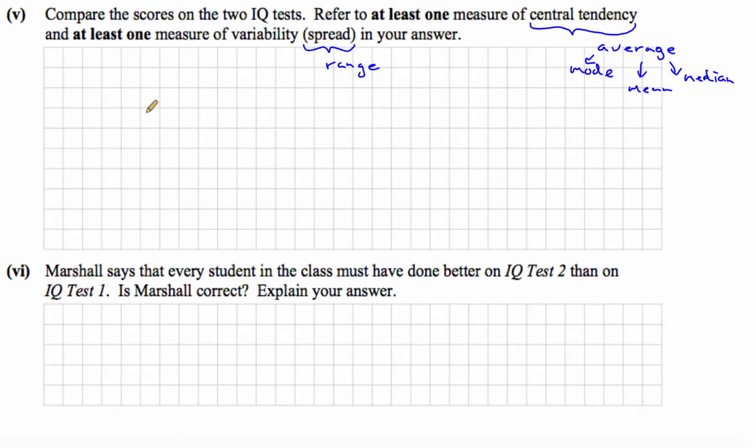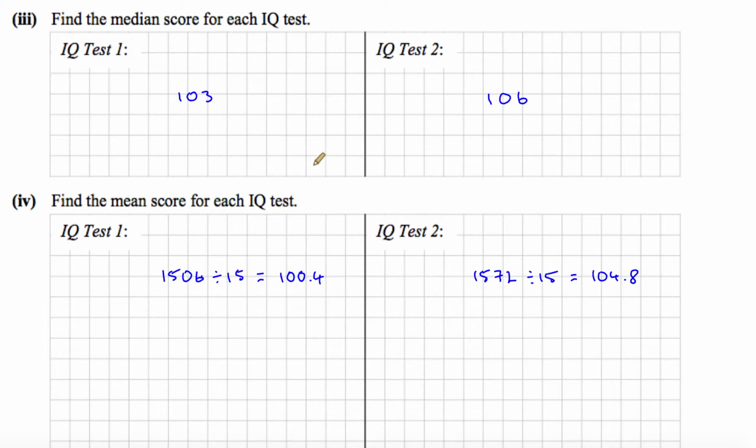So let's compare the central tendencies first. It says refer to at least one, but that means you could refer to both. So I'll just refer to both. If we go back, we can see here that for IQ test 2, the median and the mean is higher than for IQ test 1.